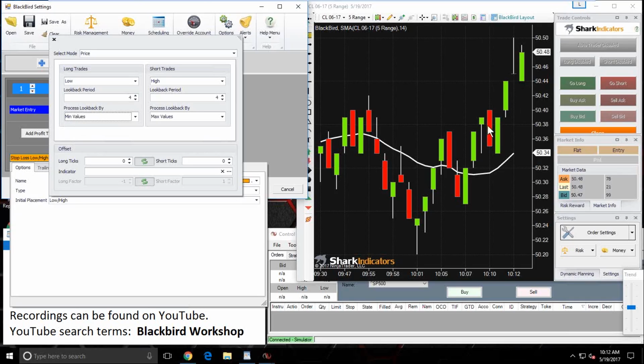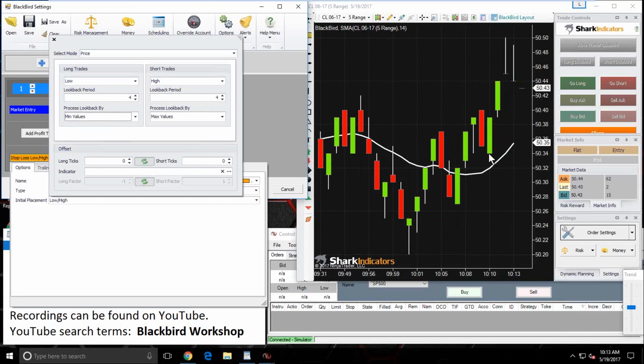So looking at these last 4 bars, from the red bar and the 3 green bars, if I use minimum value, it's going to be using the lowest low of those 4 bars. So in this case, it would be this green bar here, right? That one has the lowest low. So this low would be used if I change it to minimum value here.